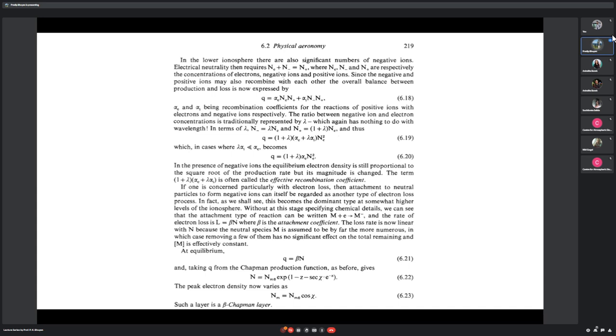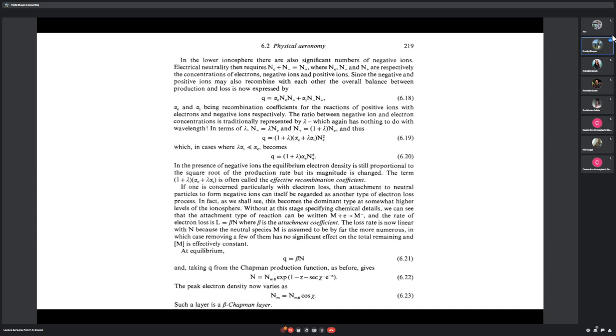Therefore, in this particular equation, we can assume that the term lambda alpha I is nearly equal to 0, and we can neglect it, and therefore Q becomes 1 plus lambda alpha E Ne square. Okay?